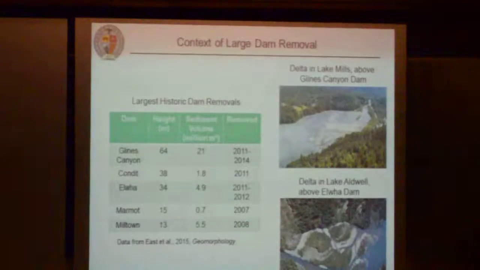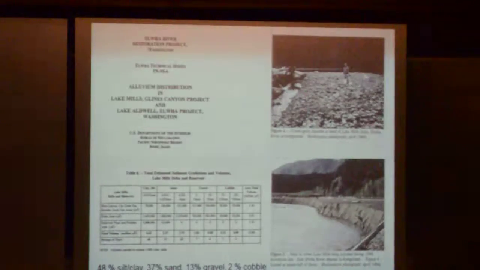You can see deltas that had formed. The nice thing about this is because these deltas had formed, we have a good idea what the overall sediment transport capacity of the system was. And in addition, we have an idea what the size distribution was for that material. So back when they were planning these projects, the U.S. Bureau of Reclamation drew down the reservoir and did a bunch of sieving and coring of the delta deposit.